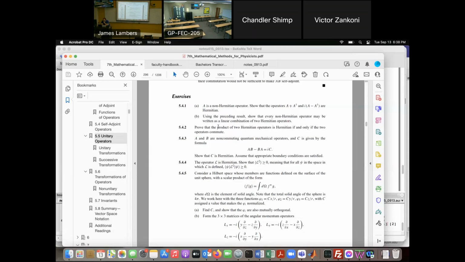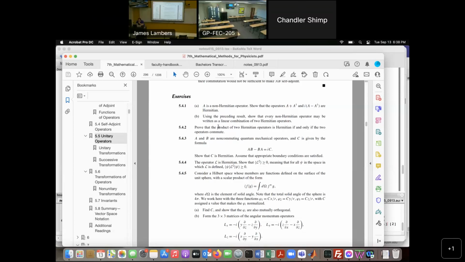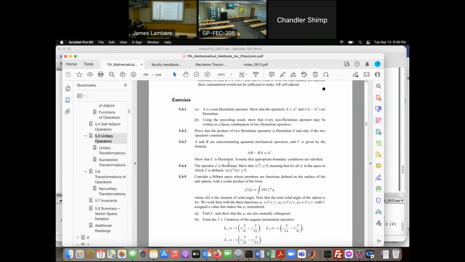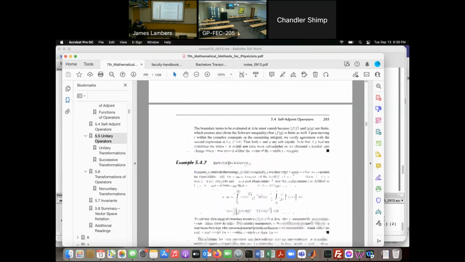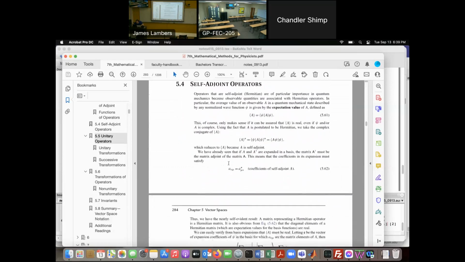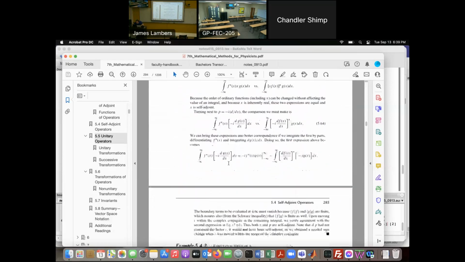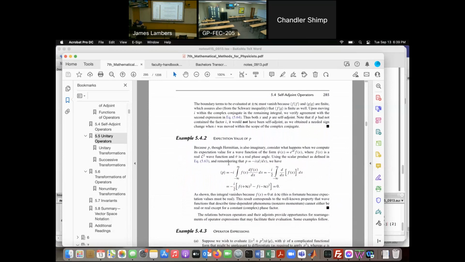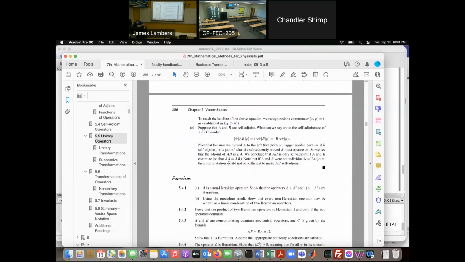Number 3. Is it assumed that A and B are Hermitian? I believe that is the case. Both dealing with the definition of quantum mechanical operators.